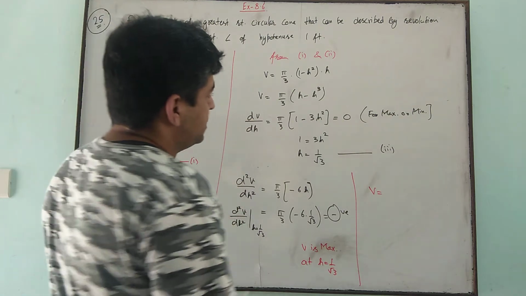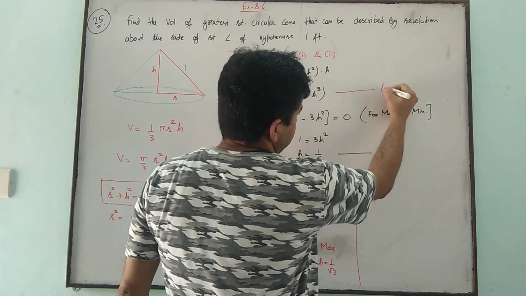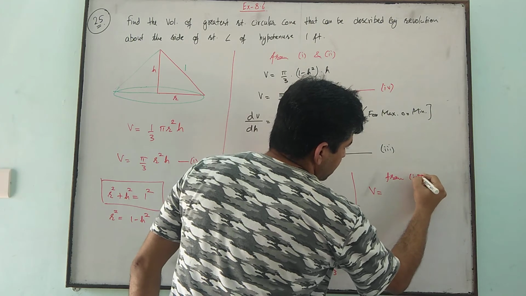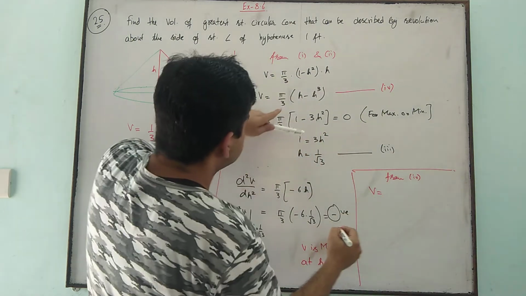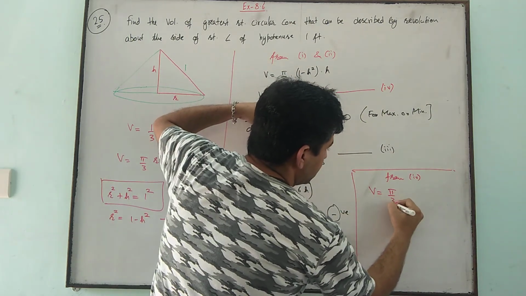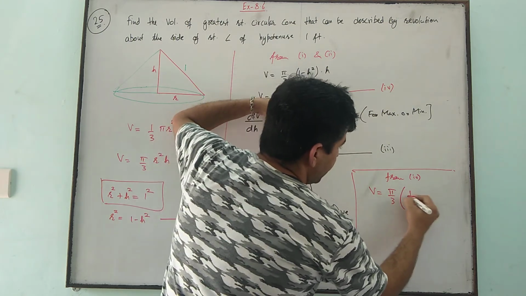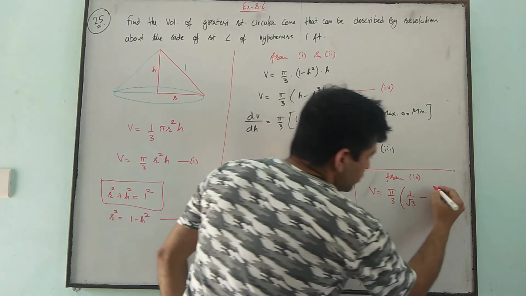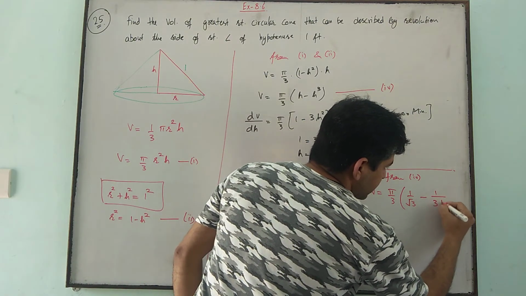Then the volume, from equation 4, is pi by 3, h is 1 by root 3, h cube is 1 by root 3 cube, that is 3 root 3.